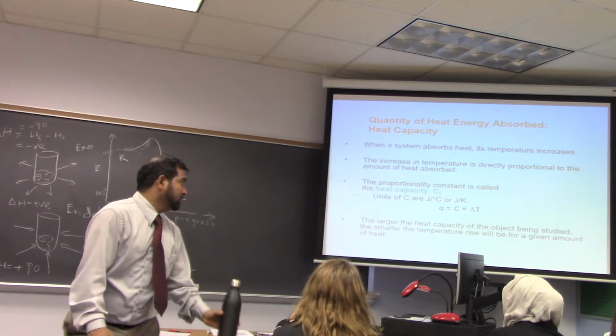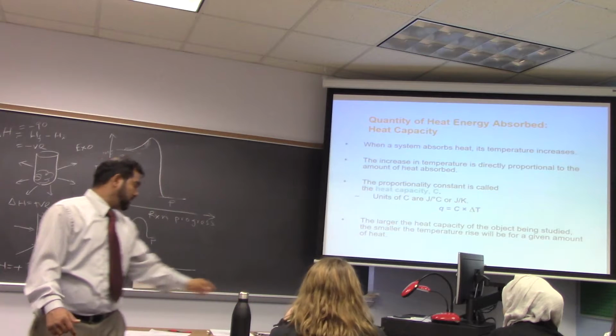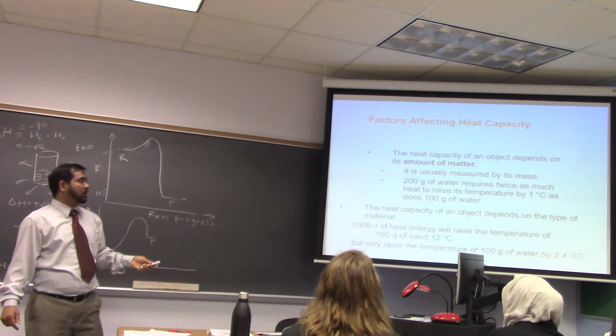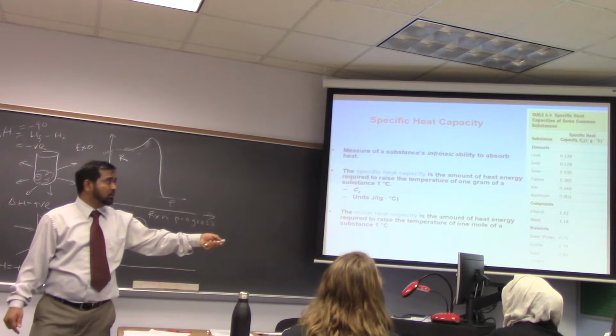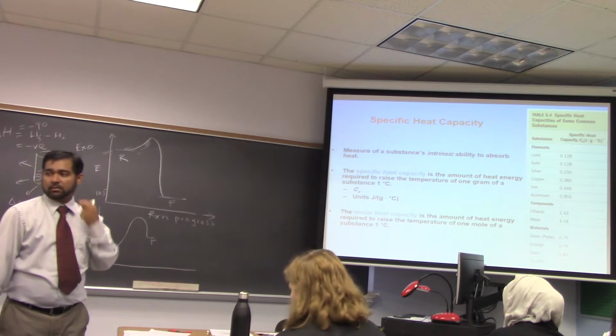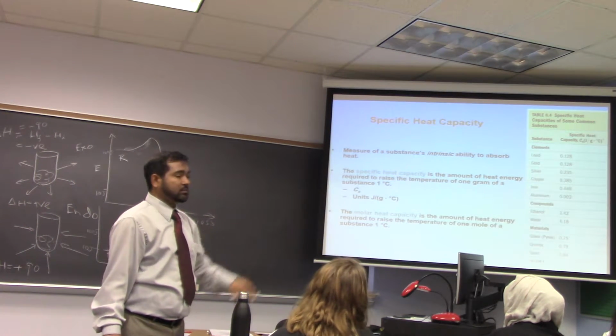The last thing is specific heat capacity, which is C. You might see in the list you have lead, gold, silver, copper. Each substance has a different specific heat, called specific heat capacity.